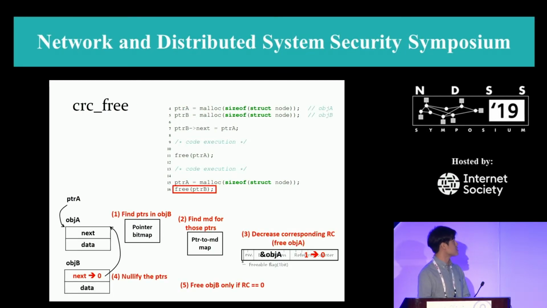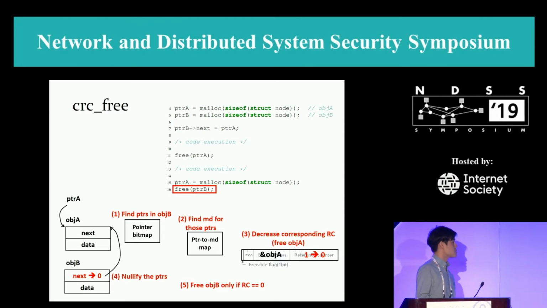At line 16, when there is a free operation, we call the CRC free function, and since the freed object's memory region can contain pointers, we look for the corresponding freed region in the pointer bitmap and see if there are any pointers in the freed memory region.